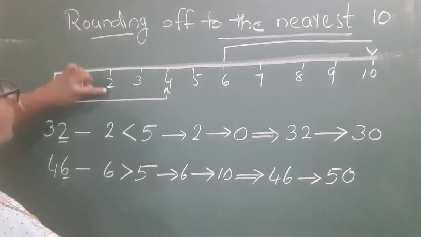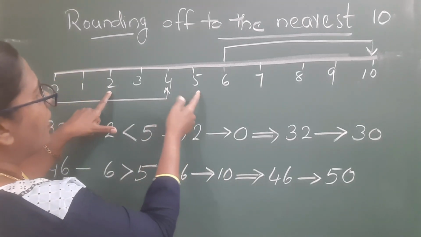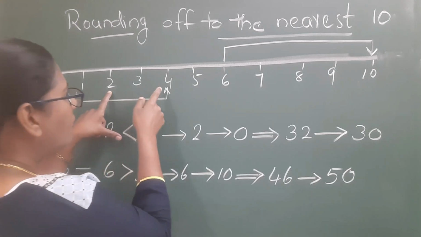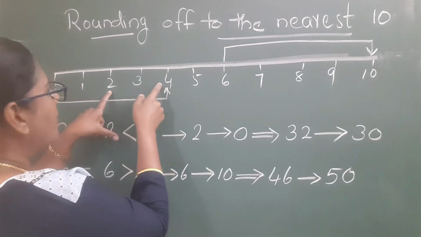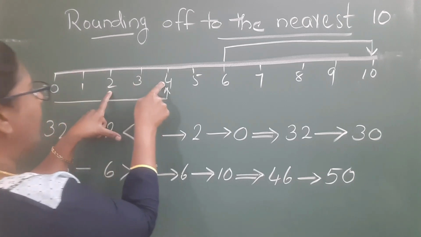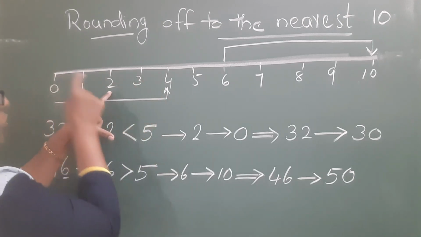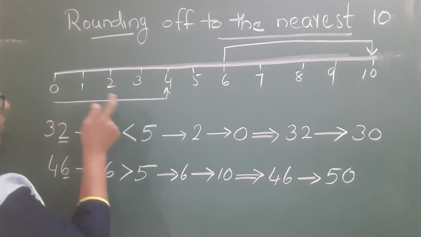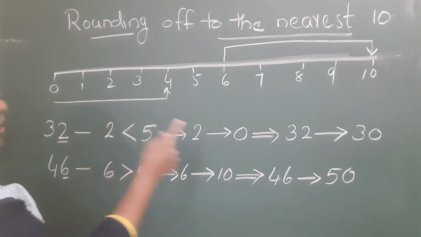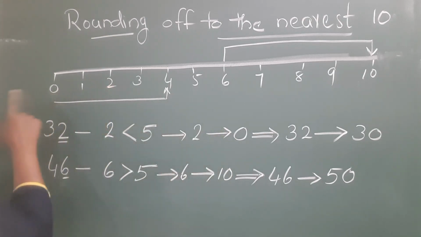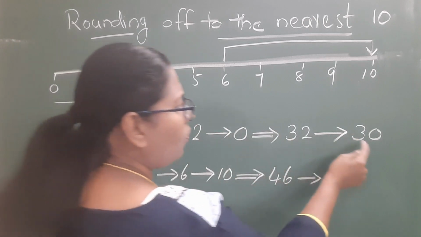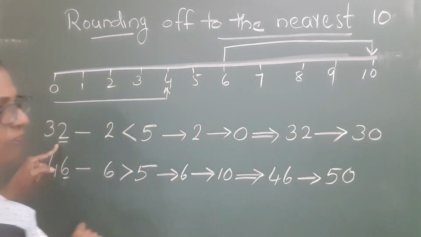As I told you on the scale, from 0 to 4 round off to 0. So here 2 is nearer to 0. So 32 round off to 30.